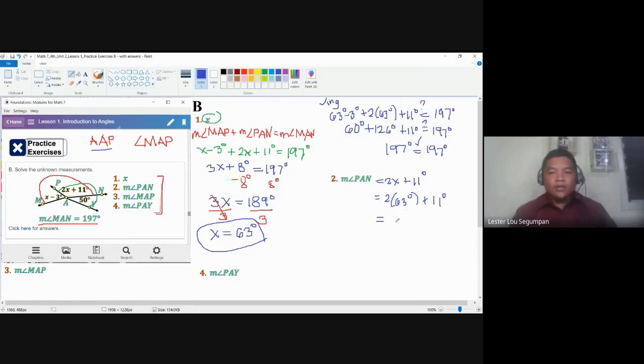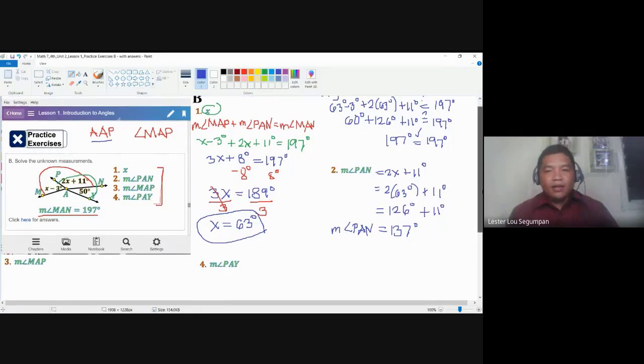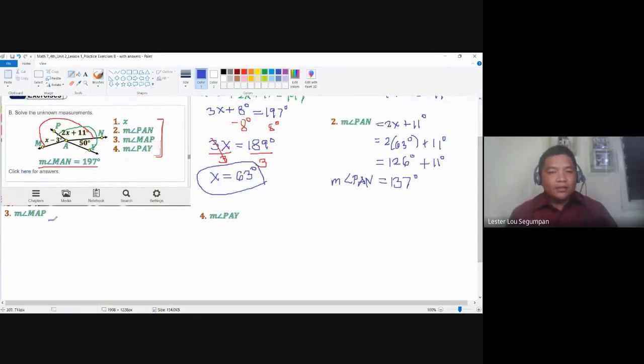And this would actually equal 126 degrees plus 11 degrees. And then this is 137 degrees. This is the measurement of angle PAN. Angle MAP, or the measurement of angle MAP, will use the same value for x. This is given to be x minus 3 degrees. So x is 63 degrees minus 3 degrees should be equal to the measurement of angle MAP, which is 60 degrees.